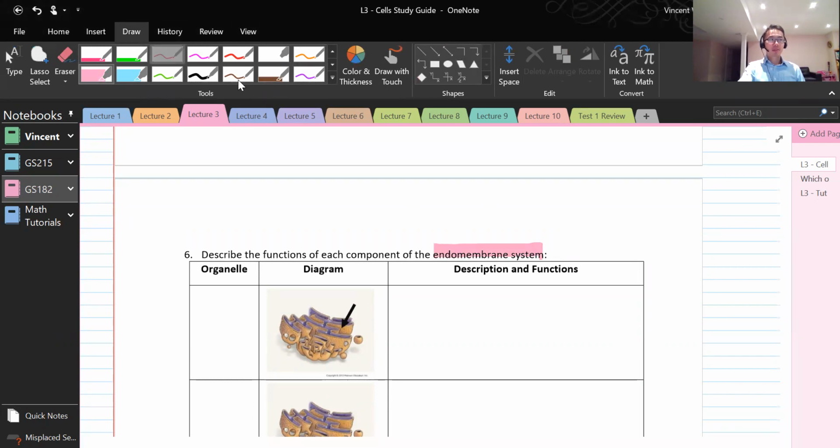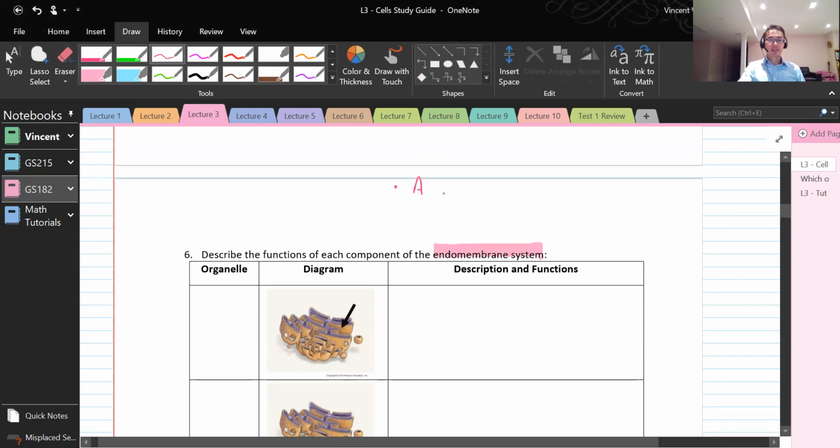The endomembrane system is basically a series of membranes inside the cell, and all these membranes have interrelated functions. They're all related to each other.